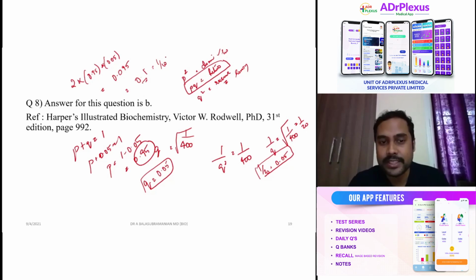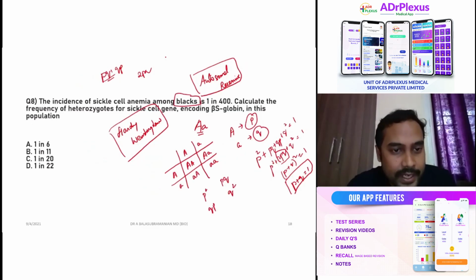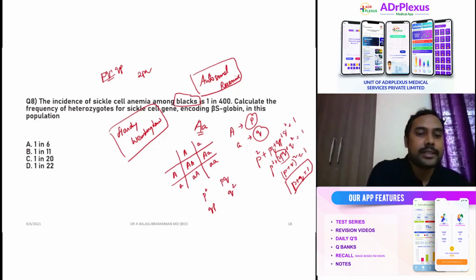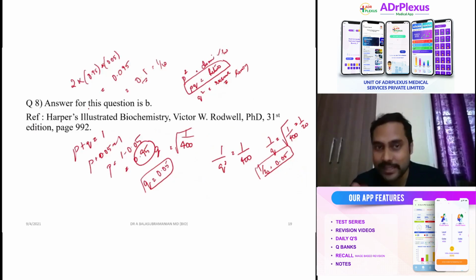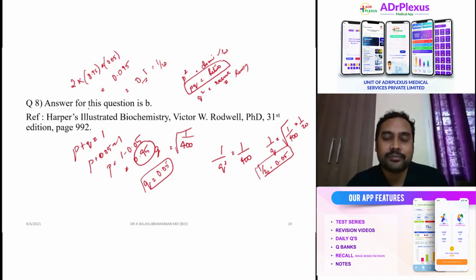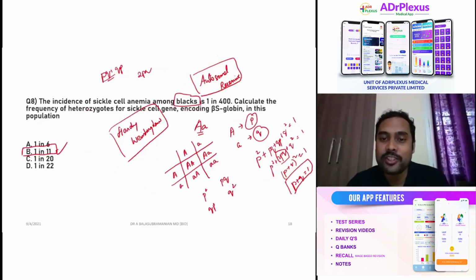So it is 1 by 10. Which option is very close to that? 1 in 6, 1 in 11, 1 in 20, 1 in 22. If you divide exactly, it will come as 1 by 11 only. So I'm telling you, very roughly, it is 1 in 11. So this is how you have to solve this question.